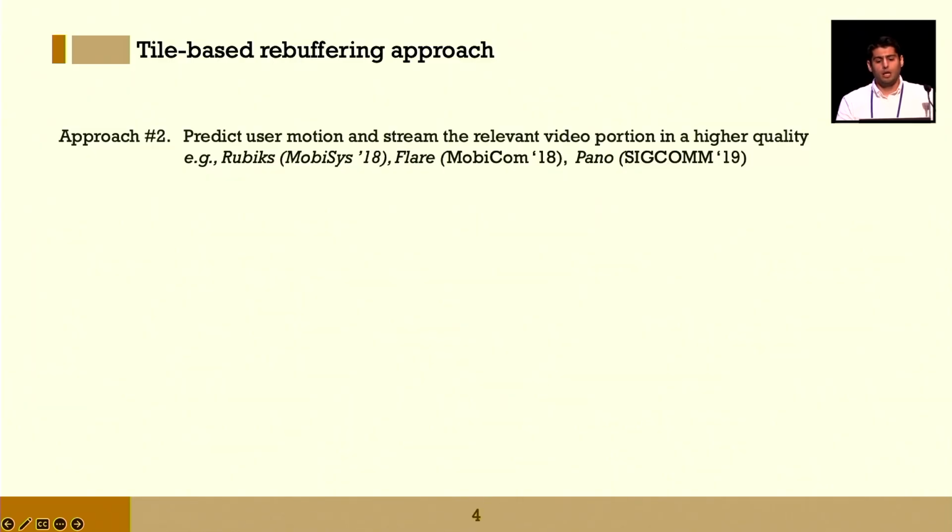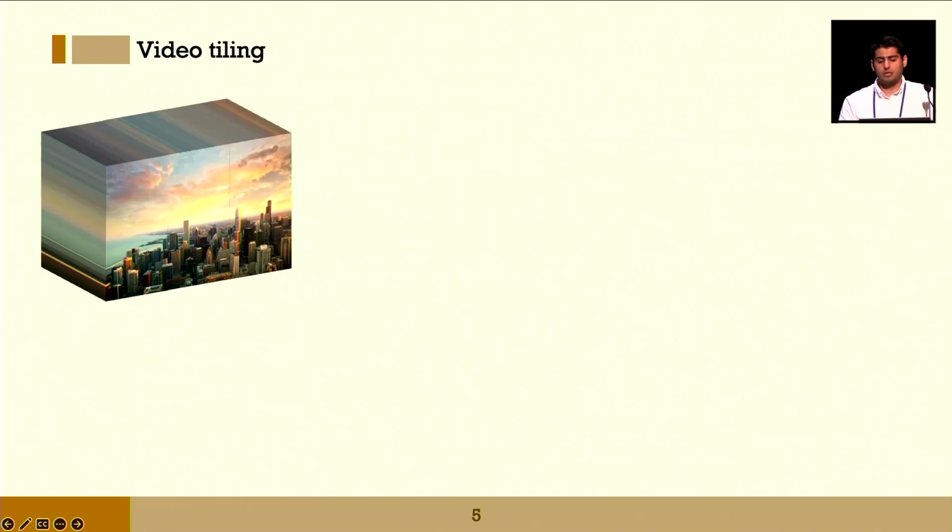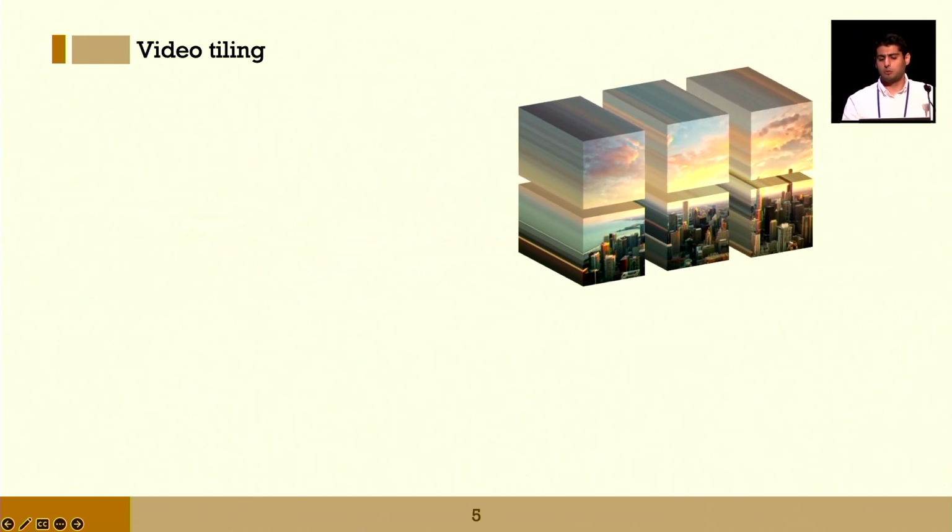Now, to overcome this challenge, recent work has proposed an alternative approach, which involves predicting the user motion and limiting the transmission to the relevant regions of the video based on these predictions. To achieve this, they had to introduce the video tiling process, which is simply taking the full 360 video and spatially segmenting it into smaller regions.